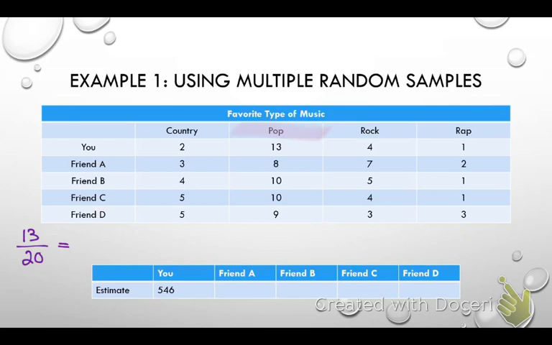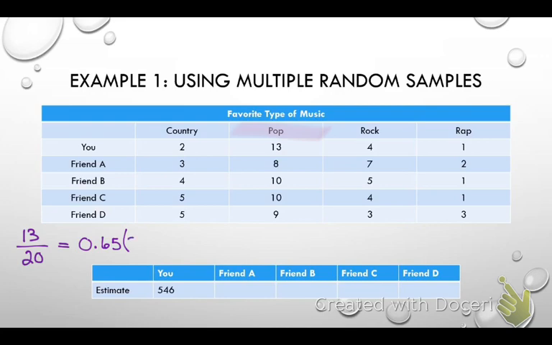65%, or 0.65. So I can take that decimal value and multiply it by the total number of students in the school. So basically what I'm saying is, if 65% of my sample said they preferred pop, then I can take that and estimate how many in the school would prefer pop.